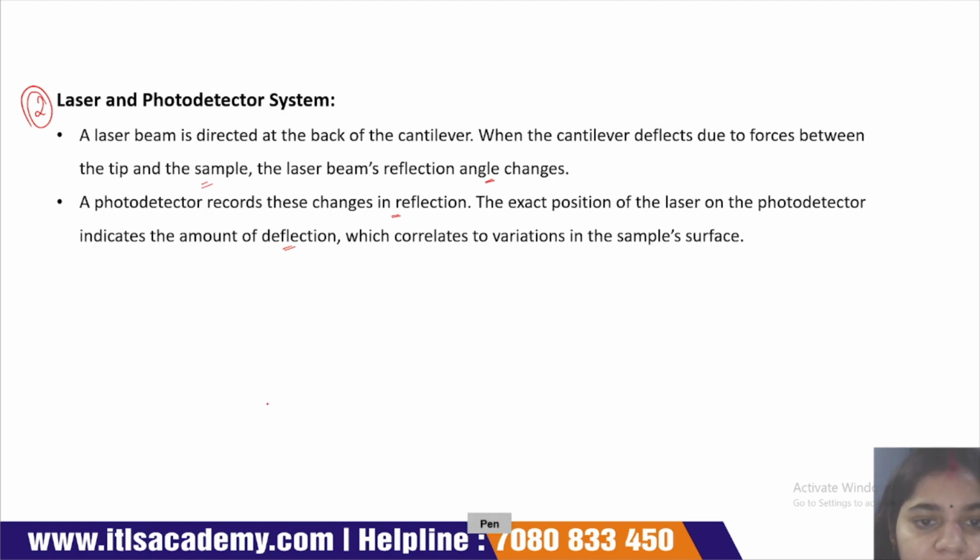Now understand: suppose this is the surface of a biological cell, and this is the tip.